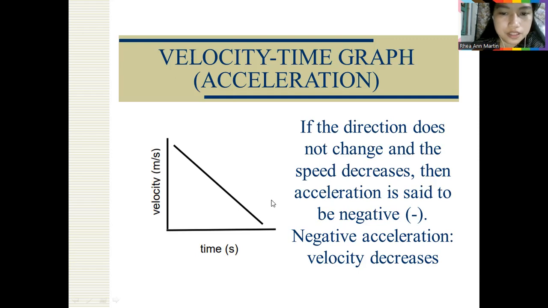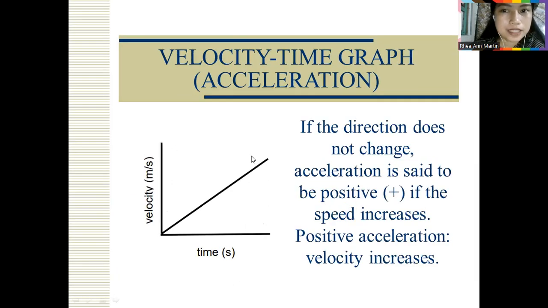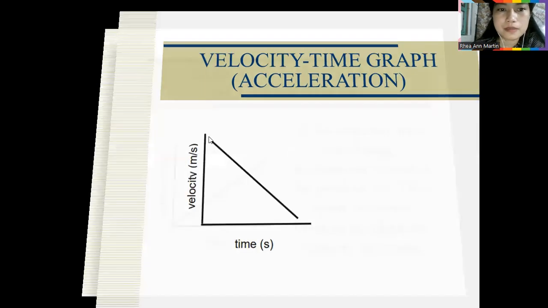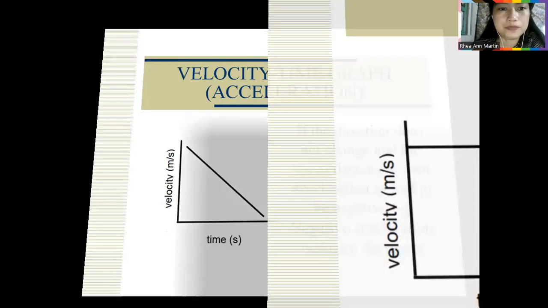The velocity decreases. Speed decreases. It is negative acceleration. Let's go back. Pataas. So, it is positive acceleration. Ito naman, pababa. Papunta na siya sa negative. So, it is negative acceleration.